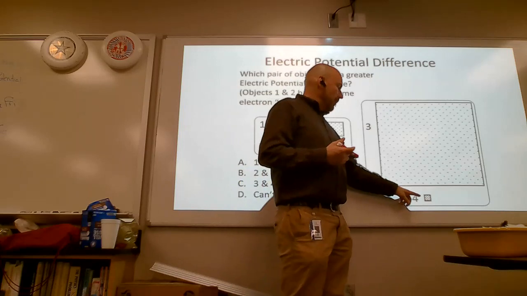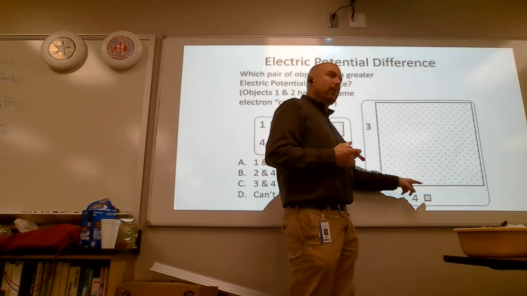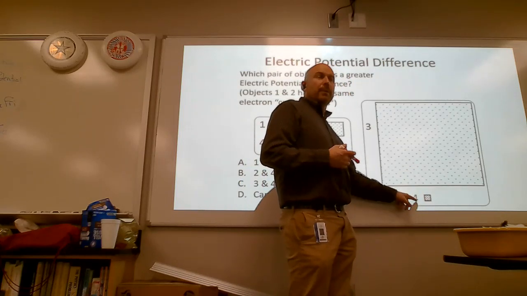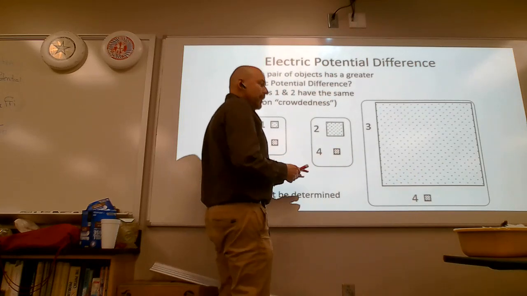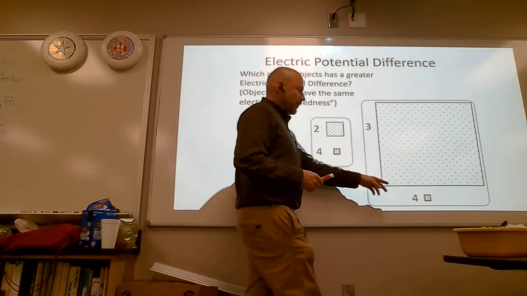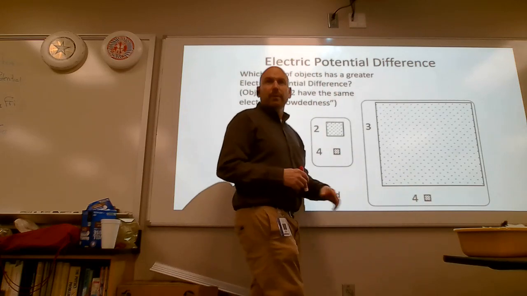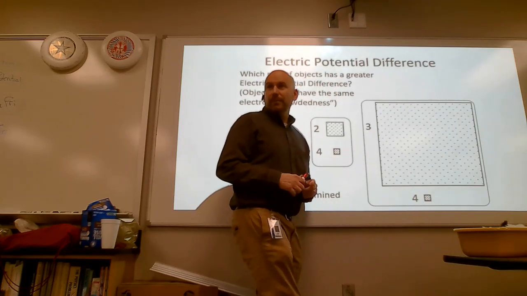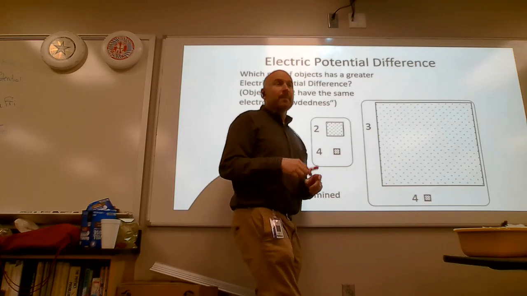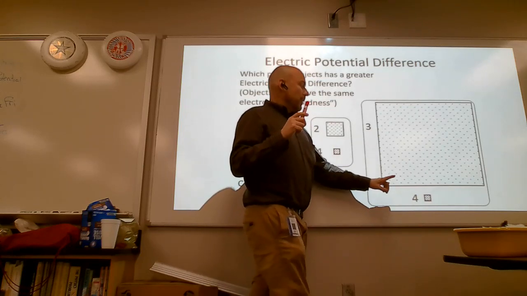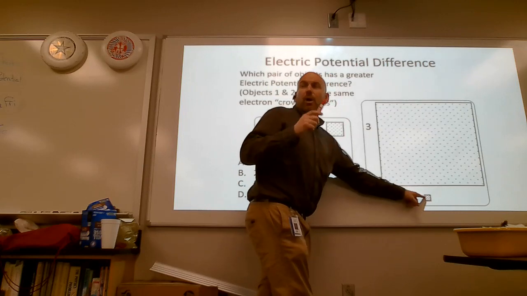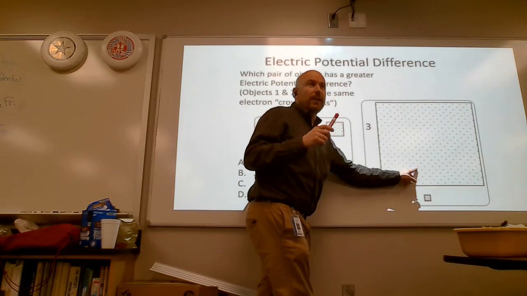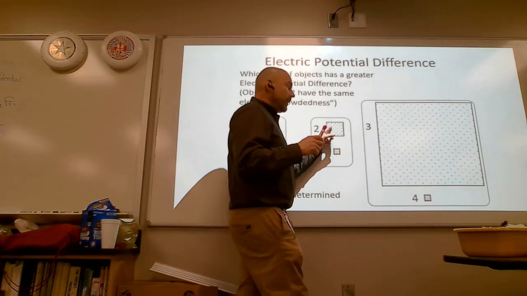If you could be in 4 or 3, where would you rather be? 3, right? Where is there a bigger difference, 4 to 2 or 4 to 3? 4 to 3, right? So the electrons in here are more motivated to go to here than they are to go to here.